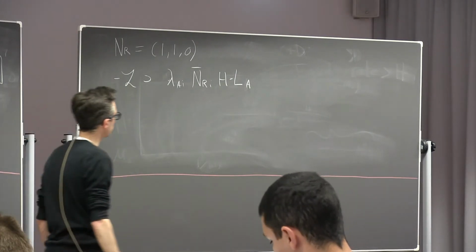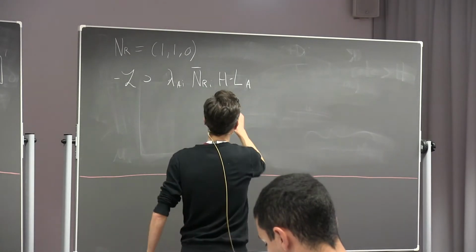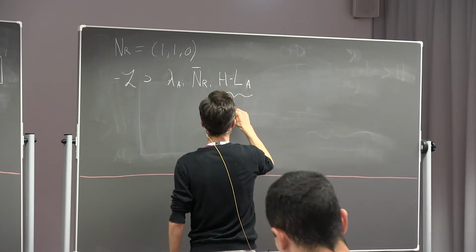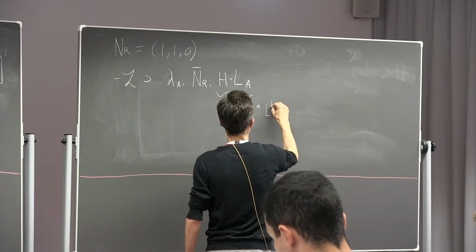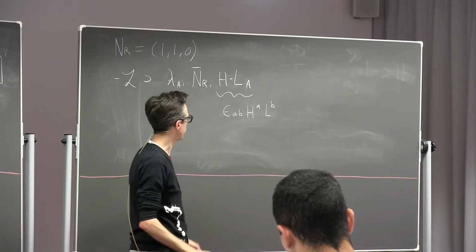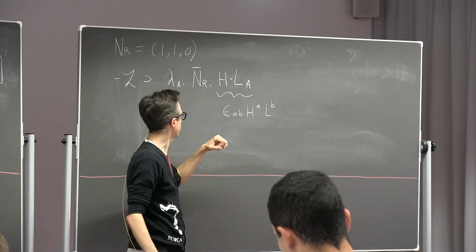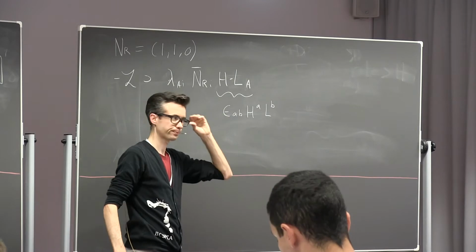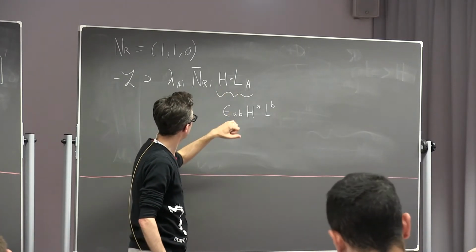So I've got my Higgs field talking to the standard left-handed lepton doublet, and it's connected through, I'm writing this as a dot, and this means that I have epsilon_AB H_A L_B. I'm connecting up the SU(2) components with an antisymmetric epsilon tensor. And it turns out that this gives you a gauge invariant combination for SU(2) groups. So this is a gauge invariant thing.